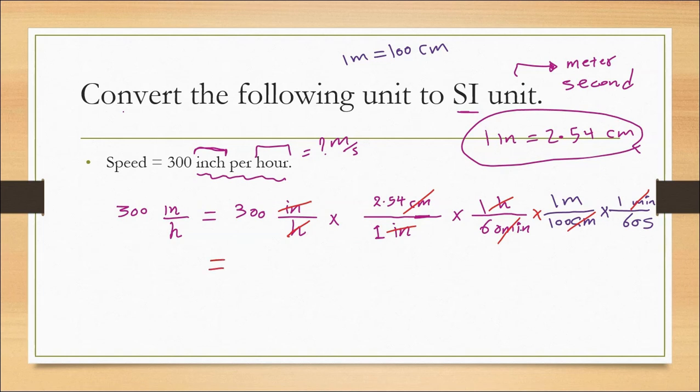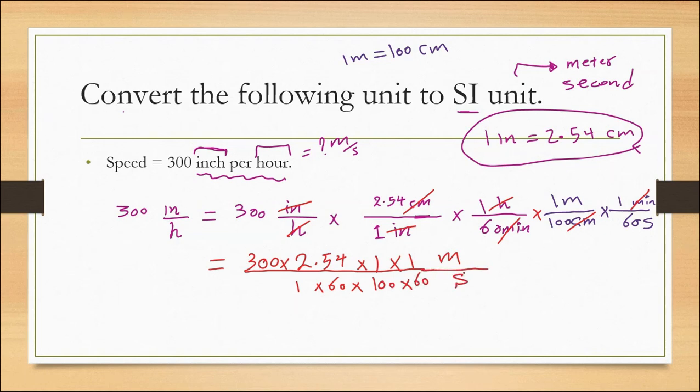So this one is equal to 300 times 2.54 times 1 times 1 meter over 1 times 60 times 100 times 60 second.